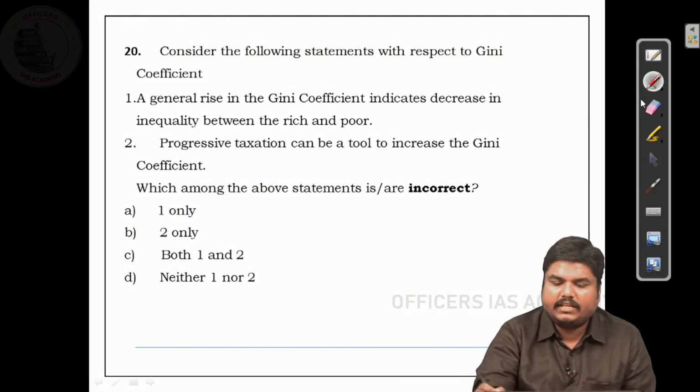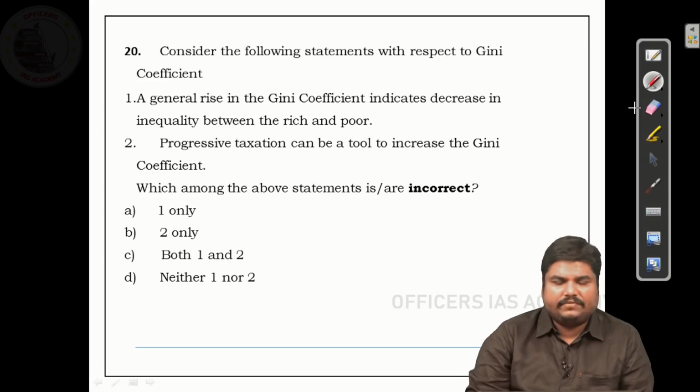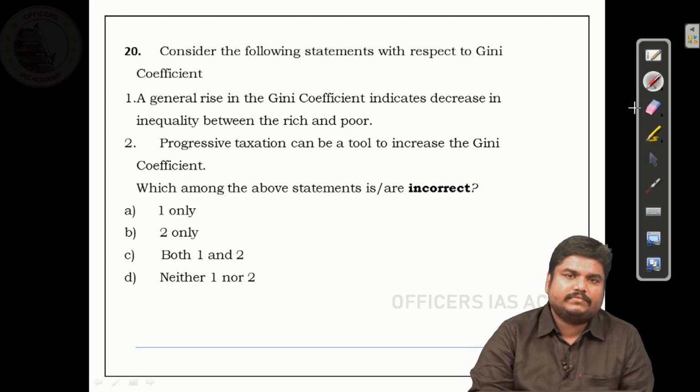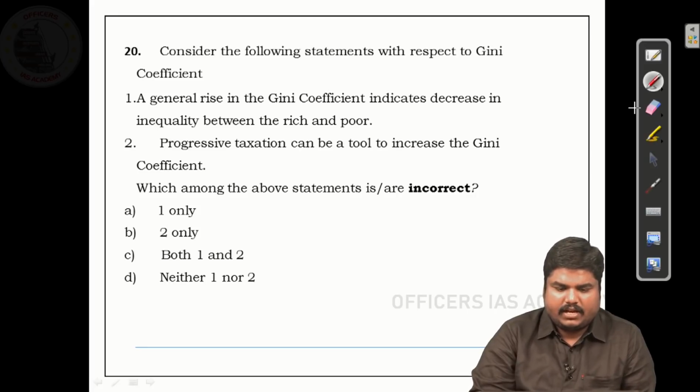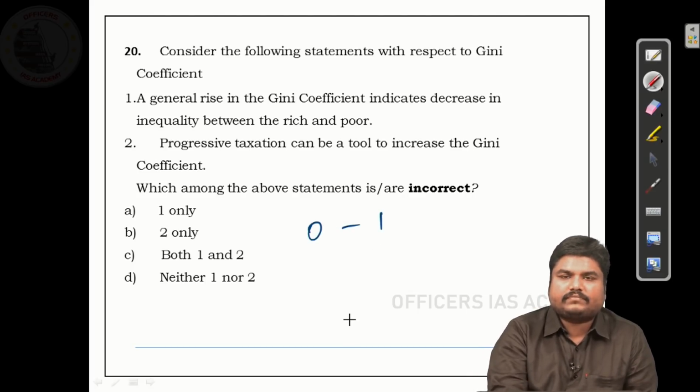20th question is regarding Gini coefficient. Gini coefficient uses the Lorenz curve. We all know that the Gini coefficient uses the Lorenz curve for measuring inequality, right. So, Gini coefficient is measured between 0 to 1, right.